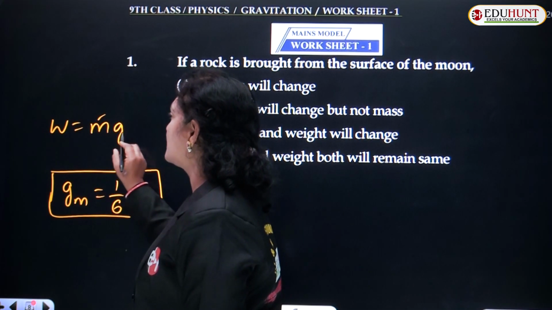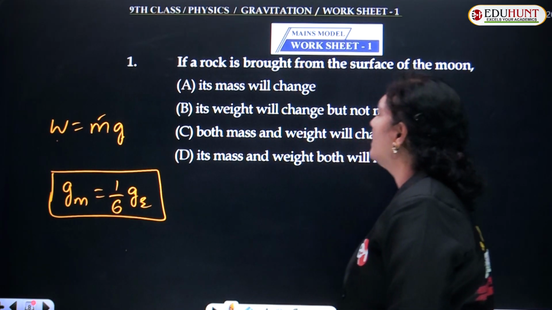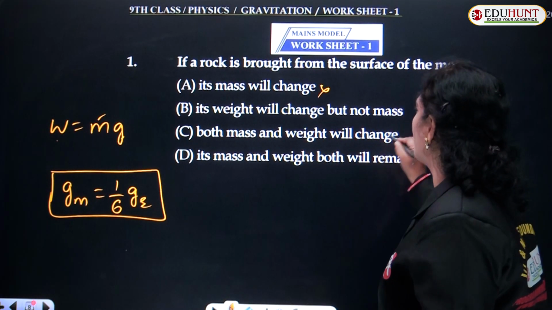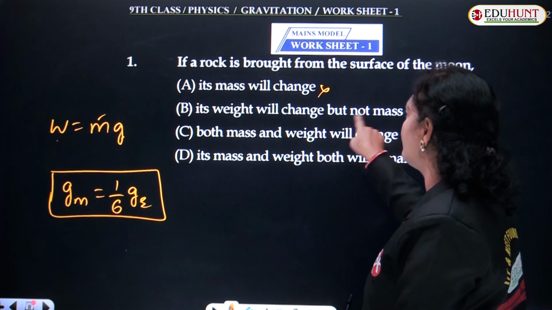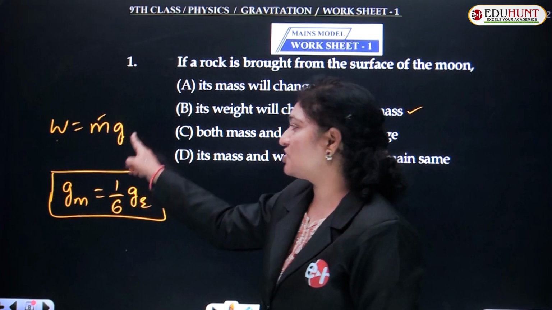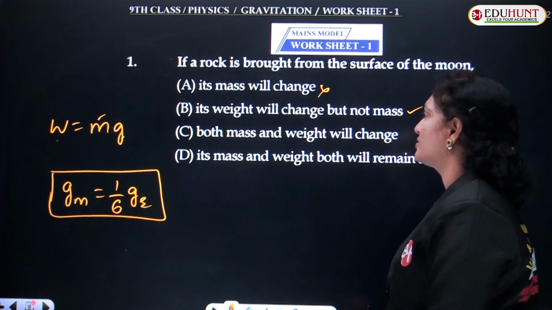Mass is constant, but because of the change in g, weight also changes. So mass will not change, whereas weight will change because of the change in value of gravity.